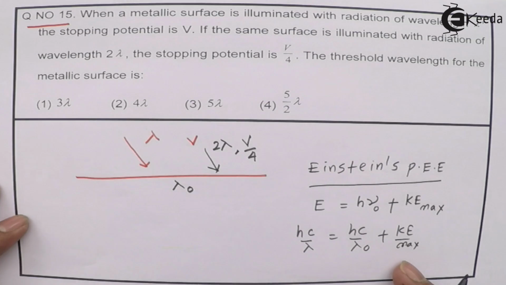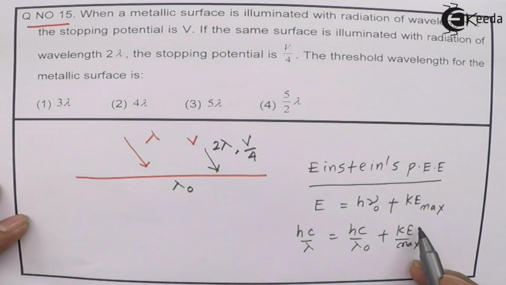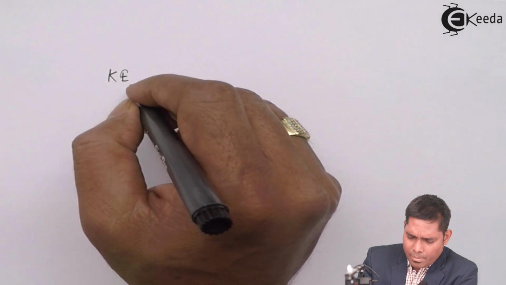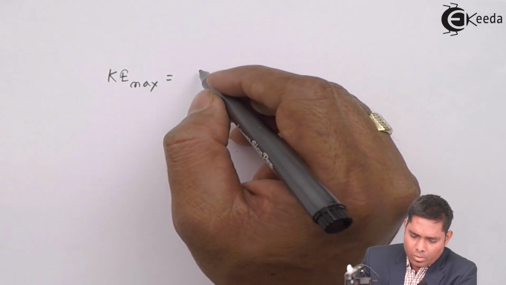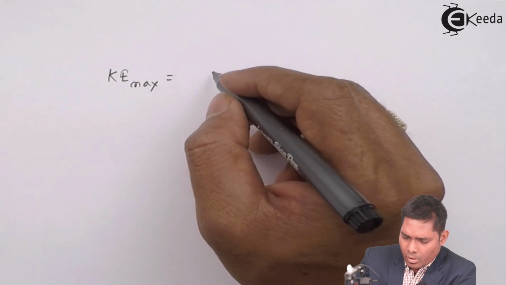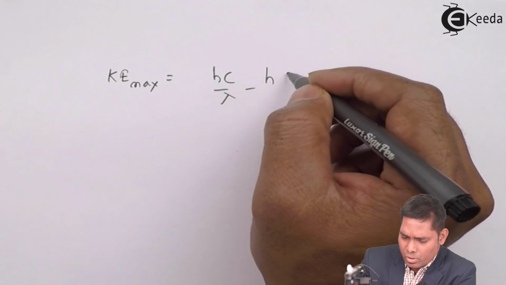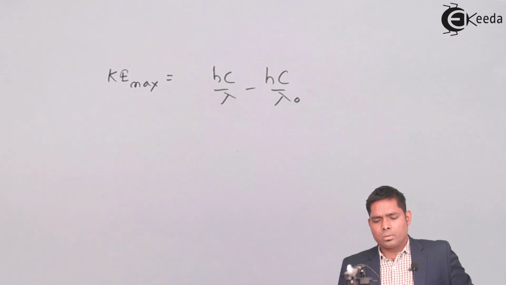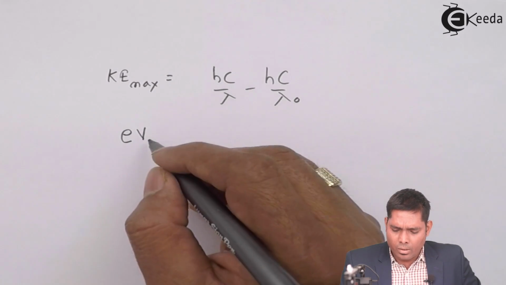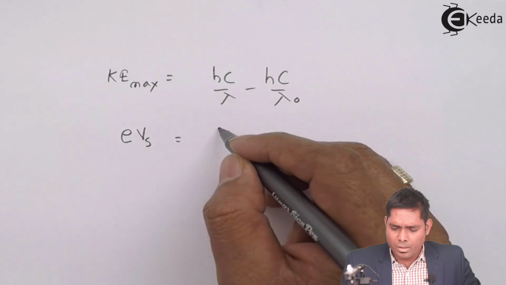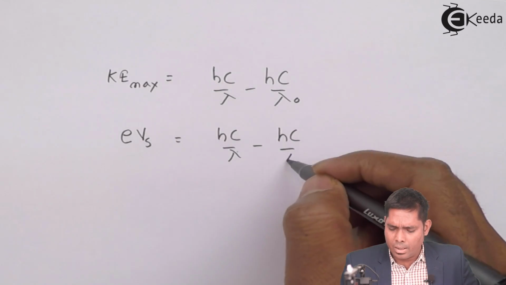K max is equal to e times V, the stopping potential. So K max is hc by lambda minus hc by lambda naught, which is nothing but eV stopping potential equals hc over lambda minus hc over lambda naught.